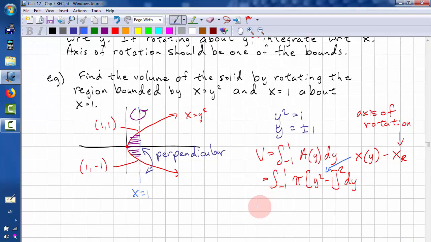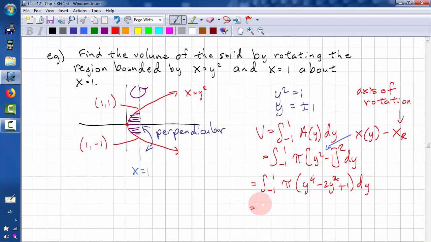So, continuing on, we get the integral from -1 to 1 of pi. We want to expand that binomial, y to the 4th minus 2y squared plus 1 dy, and now it's simple to integrate because it's just a polynomial.